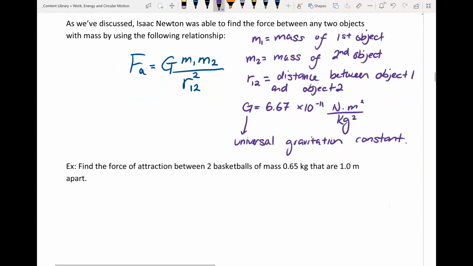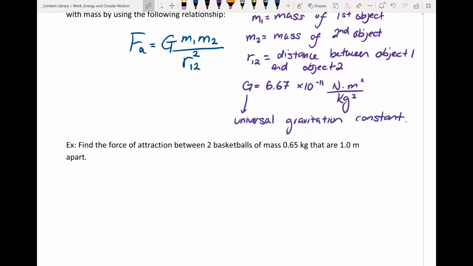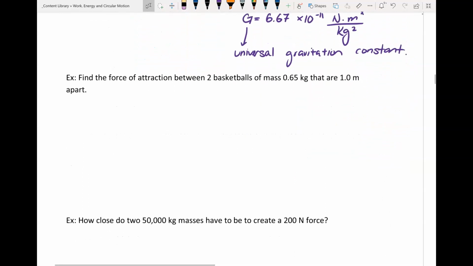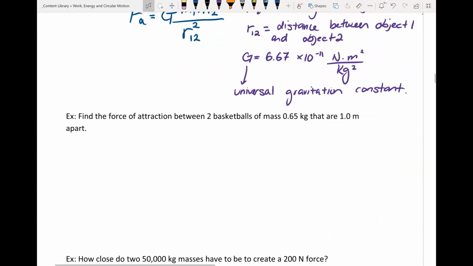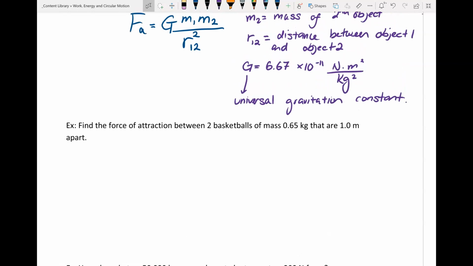Let's try this relationship and apply it to an example. I want to find the force of attraction between two basketballs. Each has a mass of 0.65 kilograms and they are 1 meter apart. Force of attraction is the constant multiplied by mass 1 and mass 2 divided by the distance between those two masses all squared.